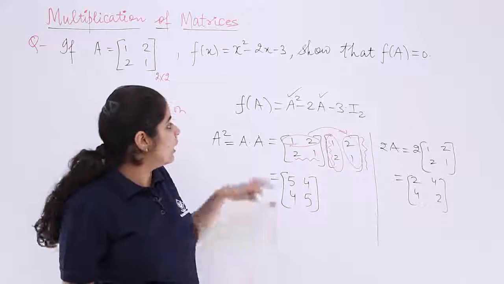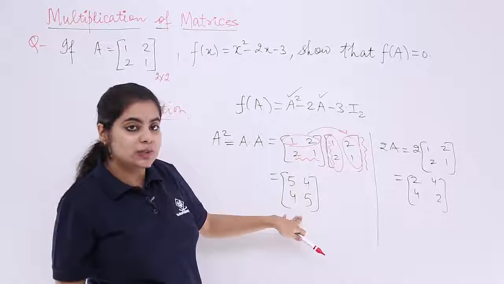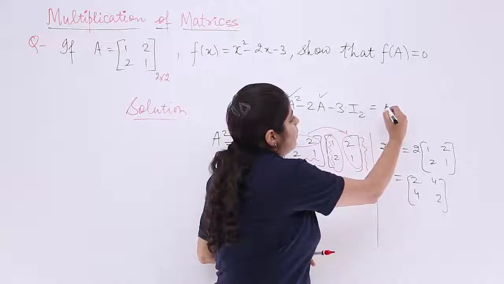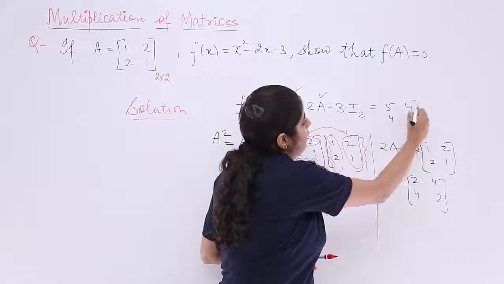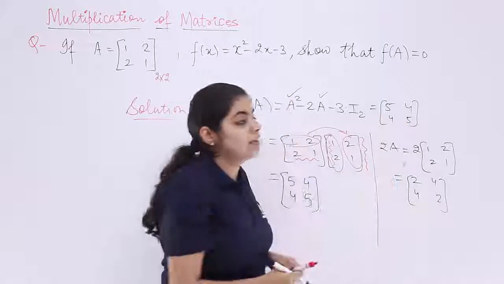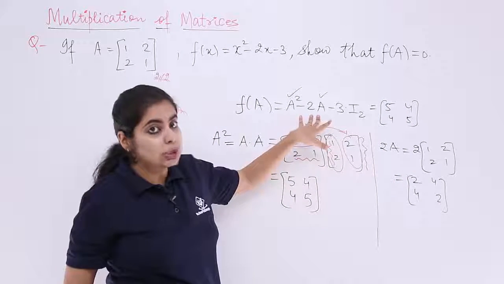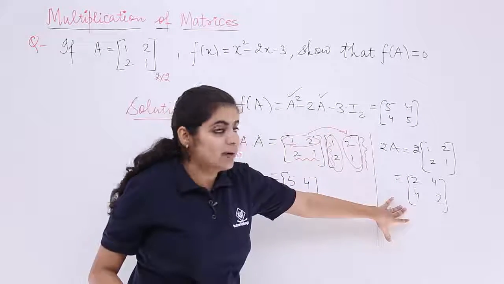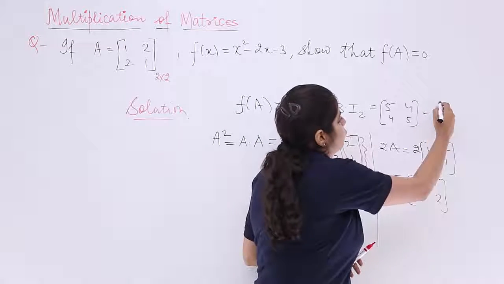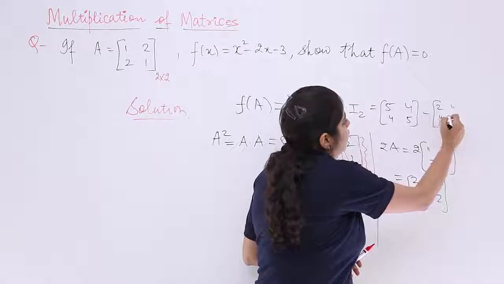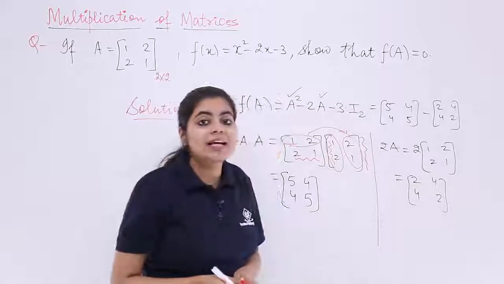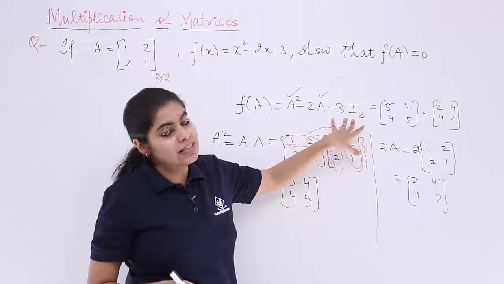I am just substituting the values. I know A square. What is A square? 5, 4, 4, 5. Then it is minus 2A. The value is 2, 4, 4, 2. And last but not the least, I have minus 3 I2.